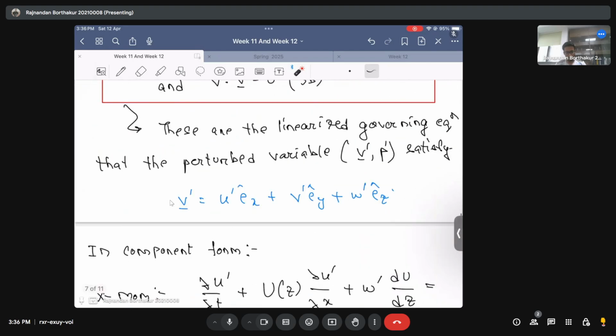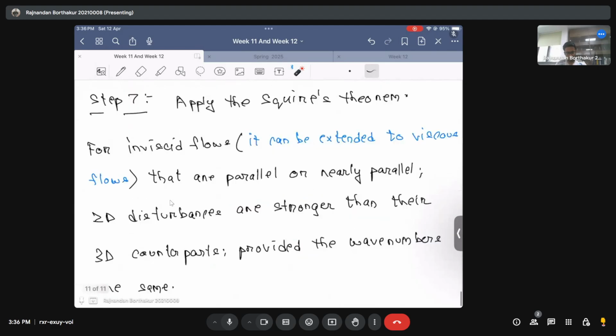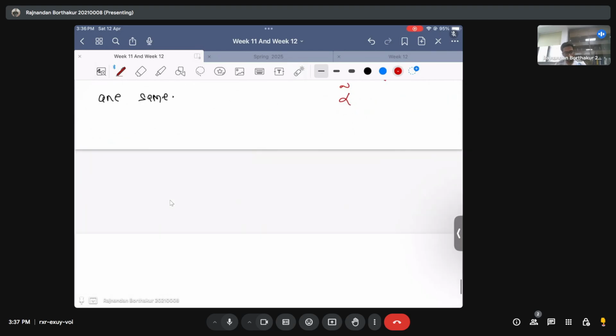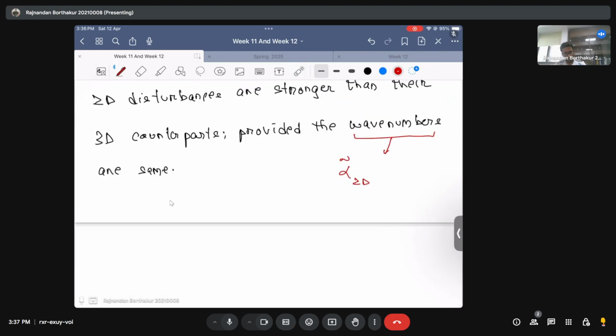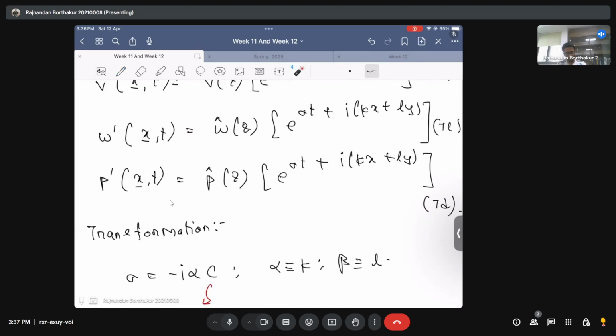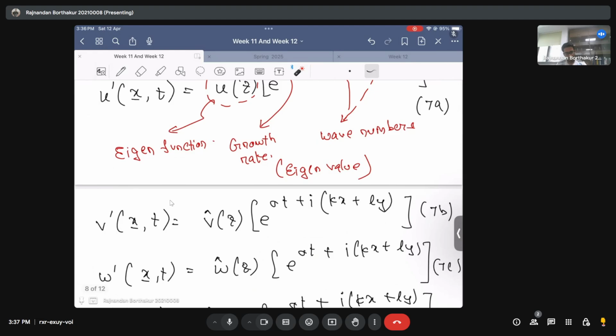So when I say that the wave numbers are equal, it means that I define a 2D wave number, alpha tilde 2D. The 3D wave numbers are alpha 3D and beta 3D, the two wave numbers that we defined, in the form i times (alpha x plus beta y), where alpha and beta are the k and l.